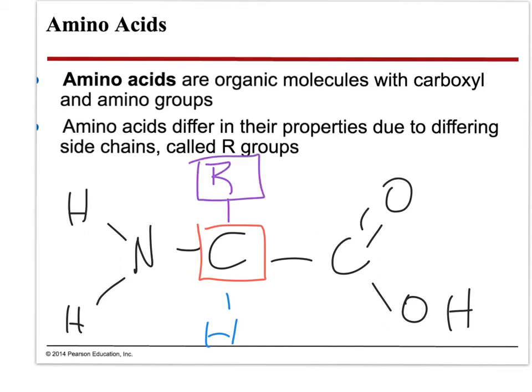The R group could be as simple as CH3. Could be as simple as a hydrogen. It could be as complex as this ring structure with some double bonds, maybe sulfur groups, whatever it might be.